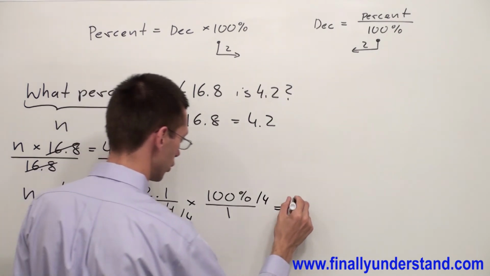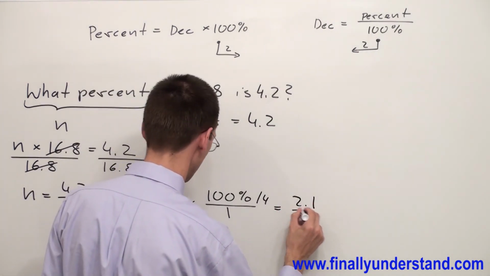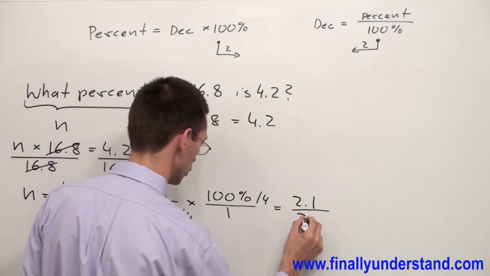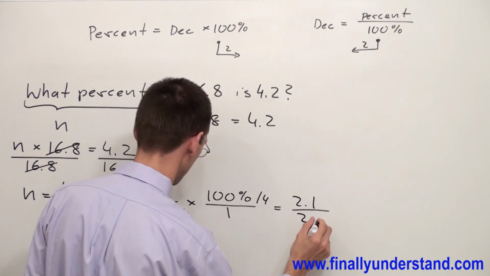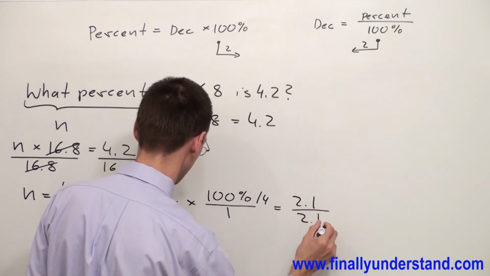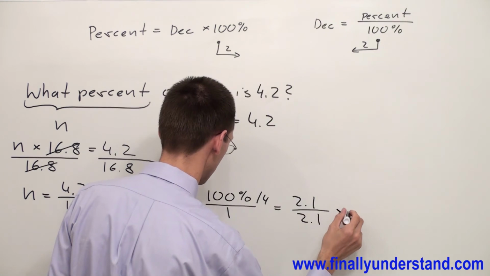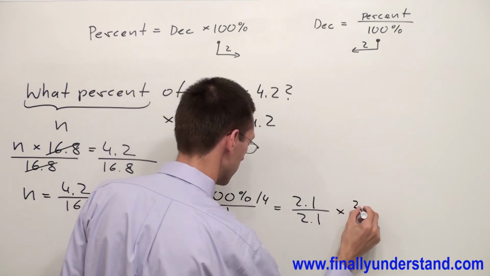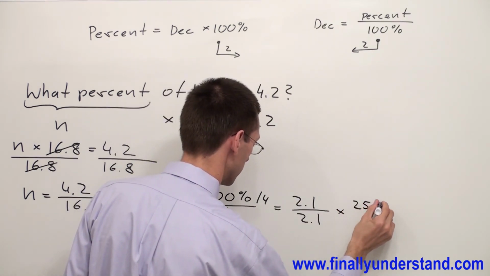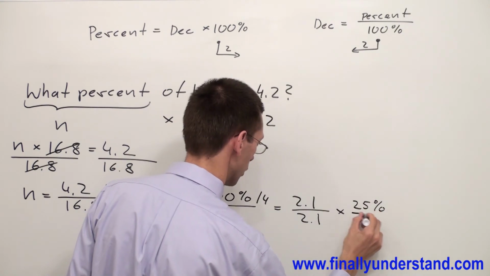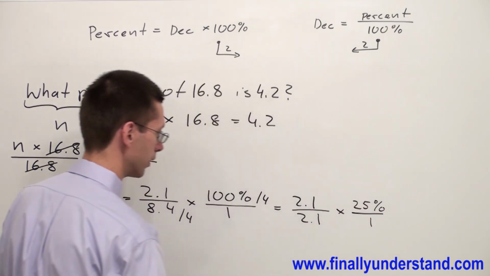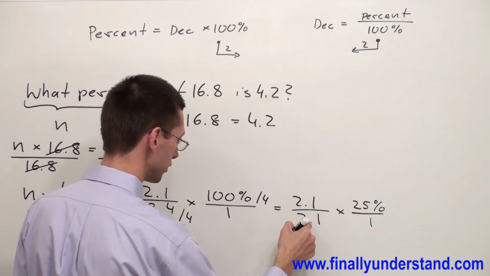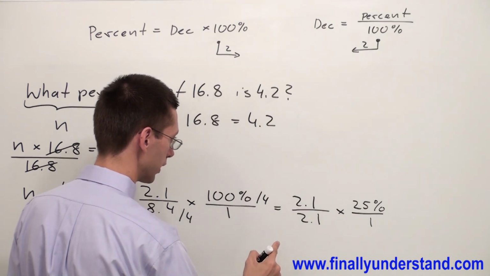So I'm going to have 2.1 over 8.4 times 25% over 1.